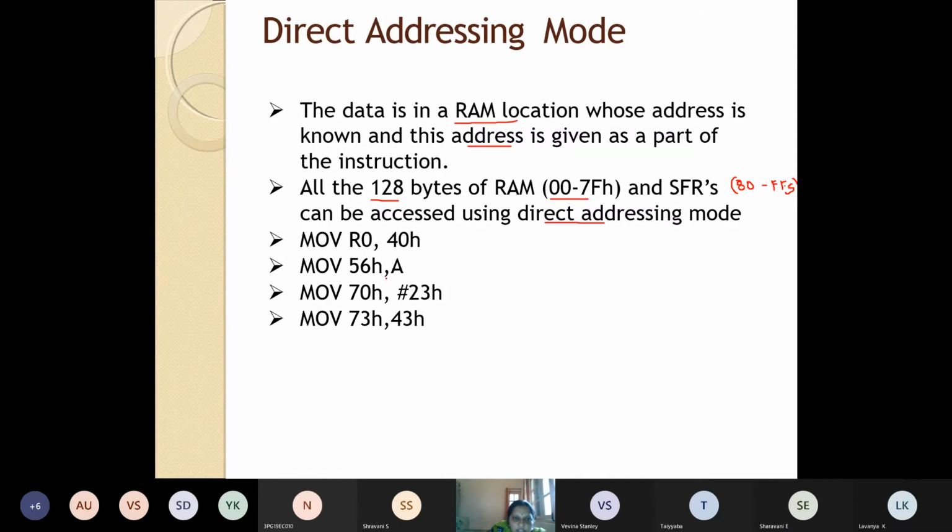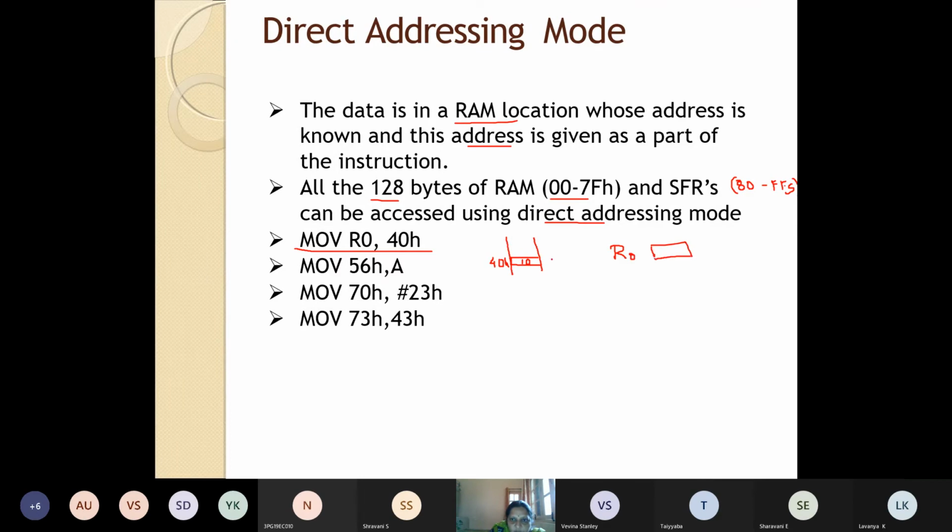For example, take the instruction MOV R0, 40H. What it says is to copy the content of memory location 40 to the register R0. So if your RAM memory location with address 40 has the data 10, then that 10 is copied into the register R0.